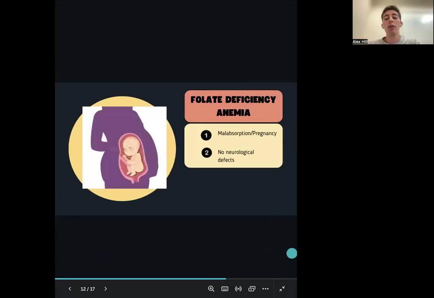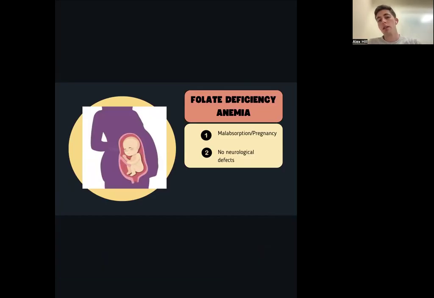Okay, folate deficiency anemia. Folate does not need intrinsic factor, but we need to take it in. We need to eat it, so it's an external source. People who don't eat enough, such as alcoholics, because they're getting a lot of calories from alcohol, or people who need more of it, like pregnant people, because they need folate for two, right?